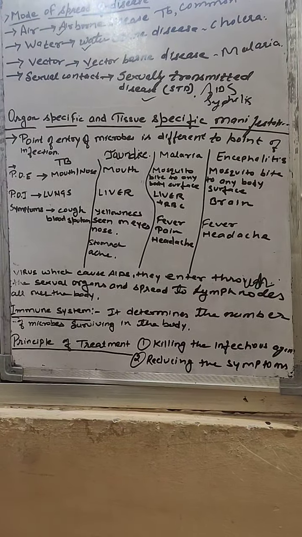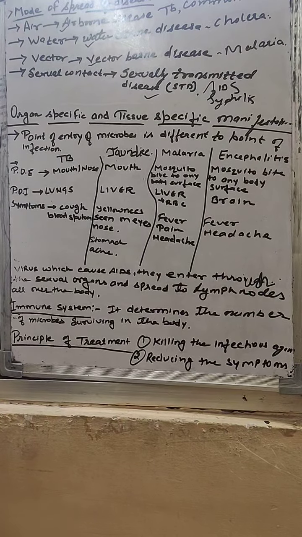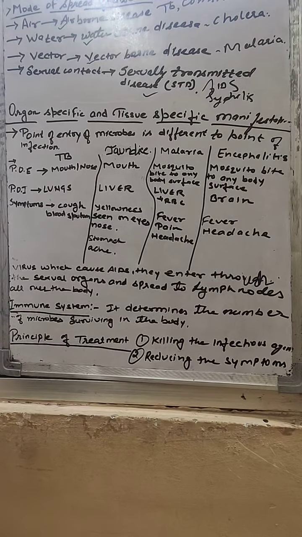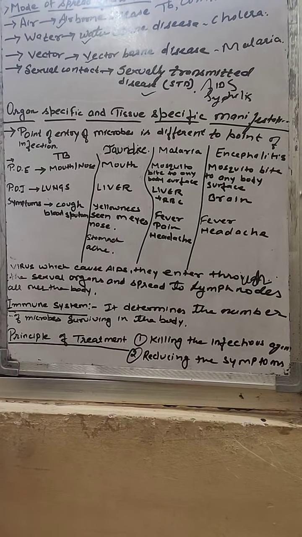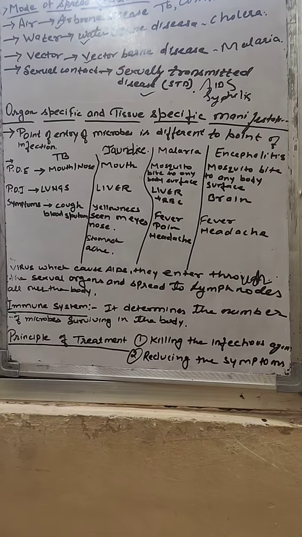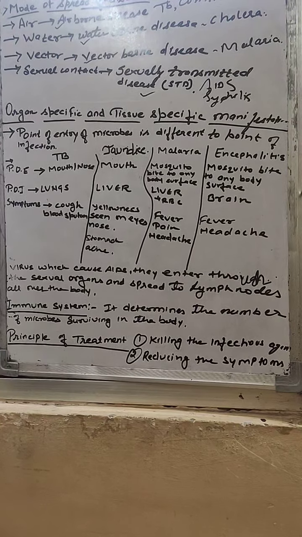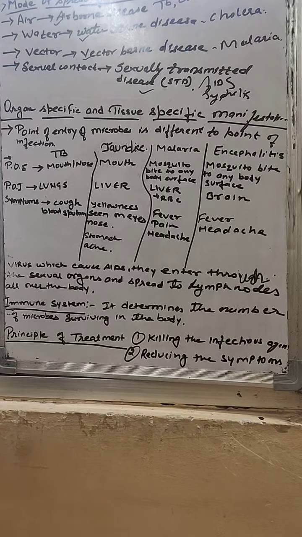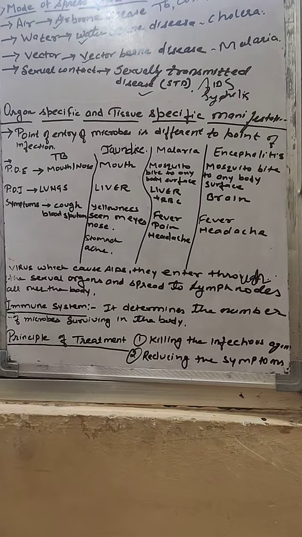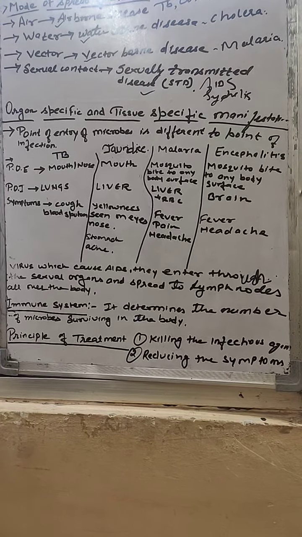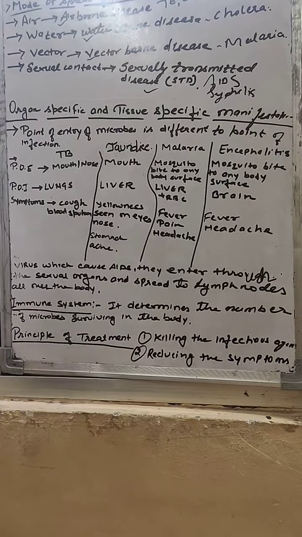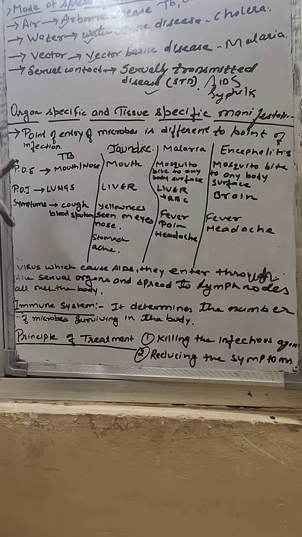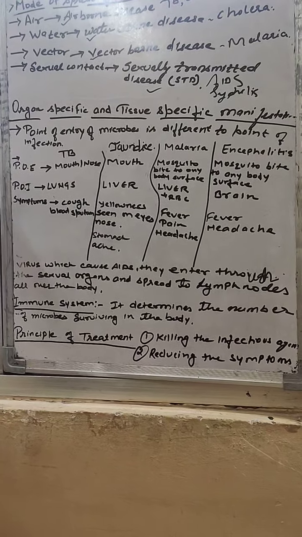Because every infectious agent has an organ it targets. So from where they target, which organs they affect, we will discuss here. The point of entry of the microbes or infectious agent is different from the point of infection. The point from which they enter and the point where they infect our body, these two are different. Here POE denotes point of entry and POI means point of infection.